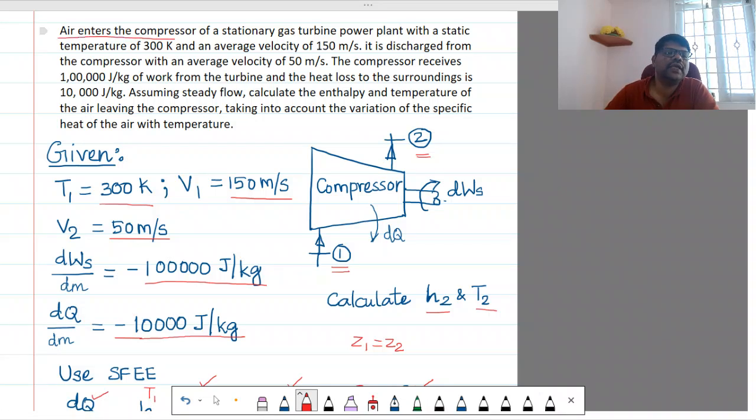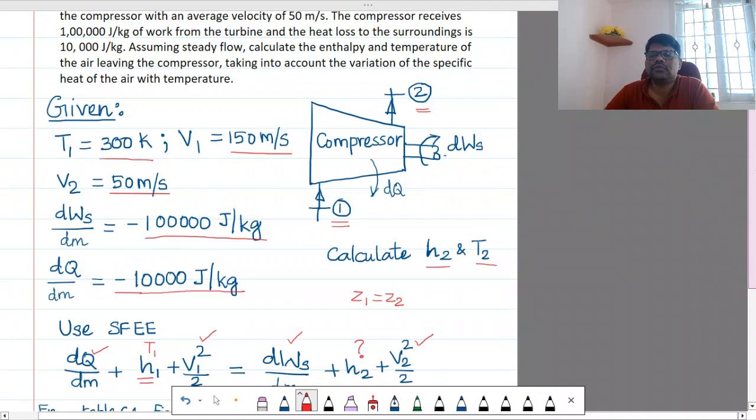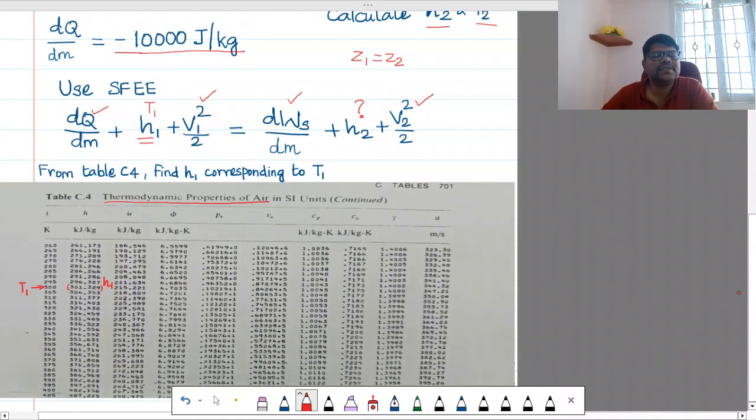So working fluid is air. So I take the thermodynamic properties of air. In this table, the first column gives the temperature in Kelvin, and the second column gives the values of enthalpy in kilojoule per kg.